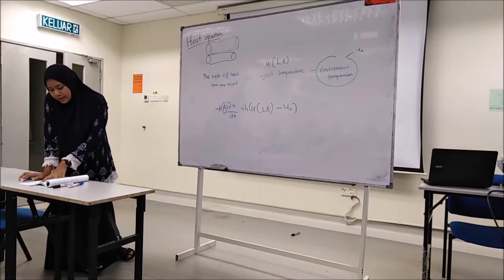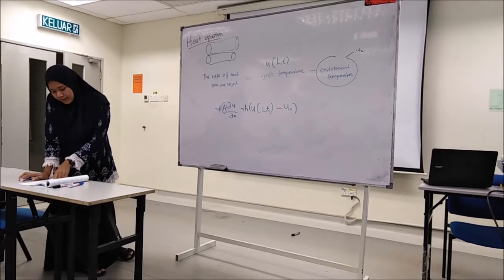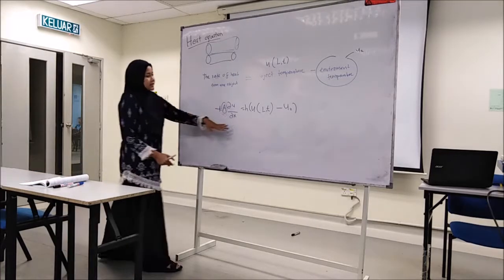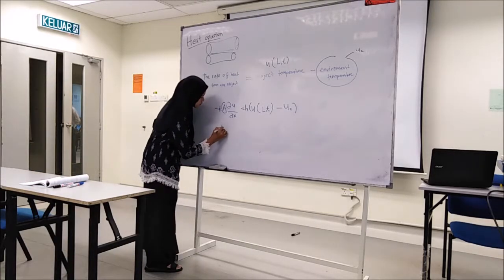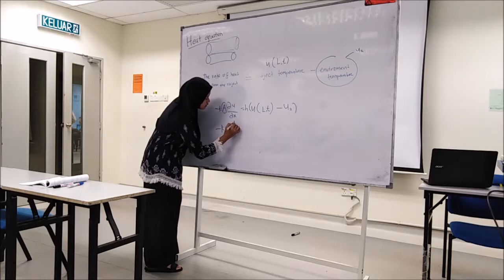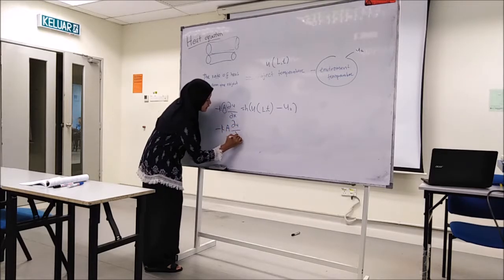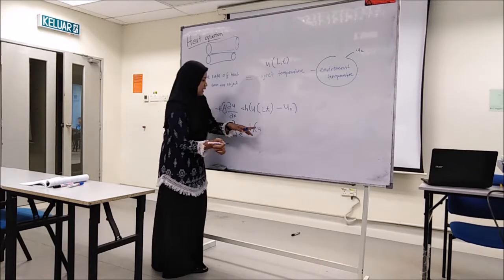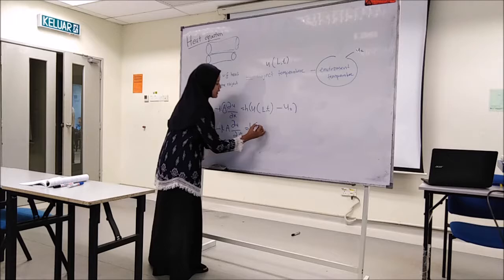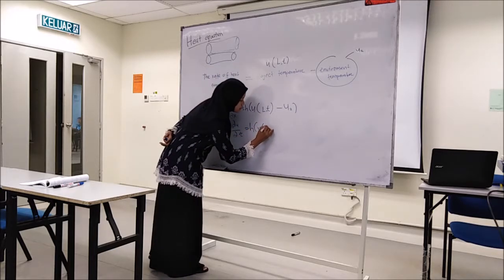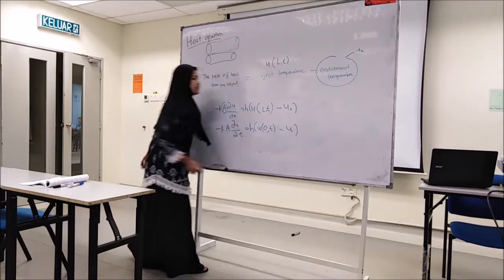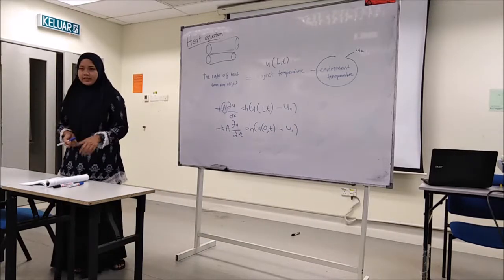That means the environment temperature is U1 and the object temperature is at 0. So we get the same: del U over del X equal to H times U at X equal to 0 in time, minus U1. Okay, so are you clear?